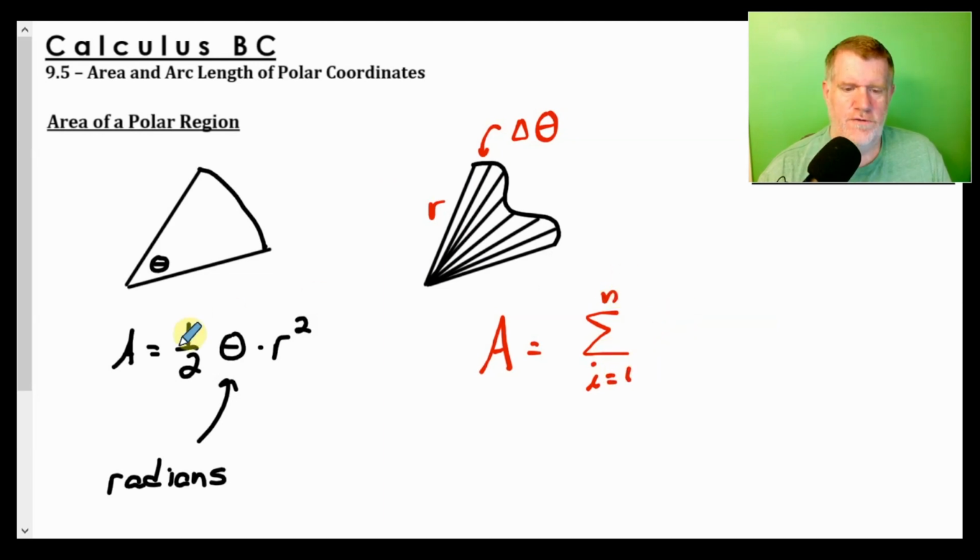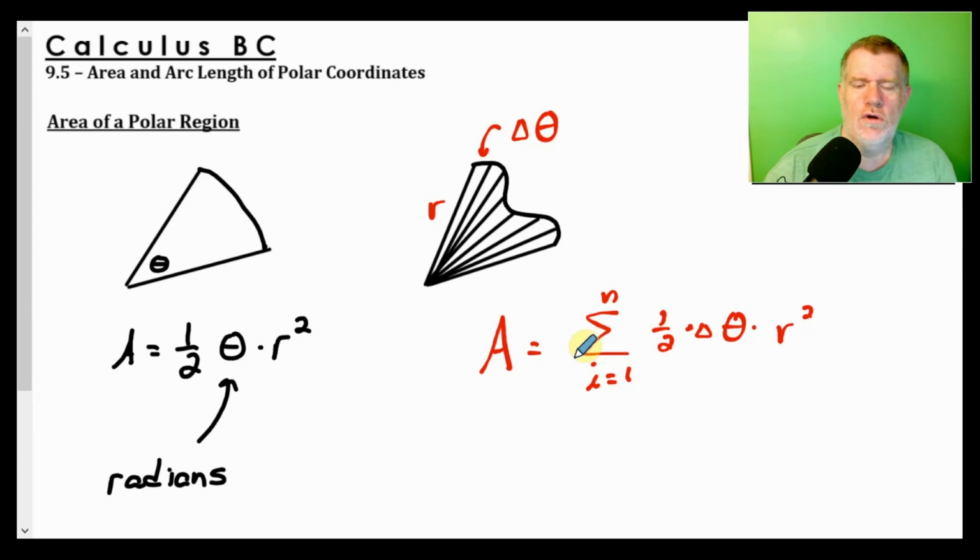Okay? So we have this formula, so we have 1/2. Now the theta in this case is going to be given by delta theta. And the r, the radius in this case, will still be the r value of this function. So r doesn't necessarily stand for the radius, it stands for the r value of the polar coordinate.